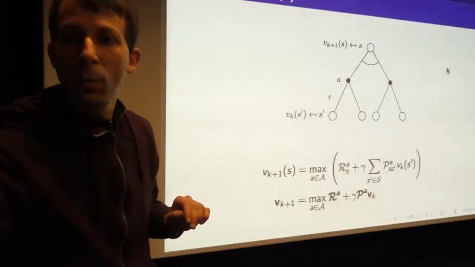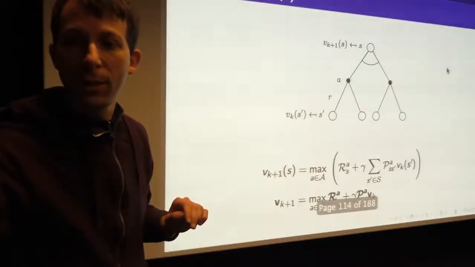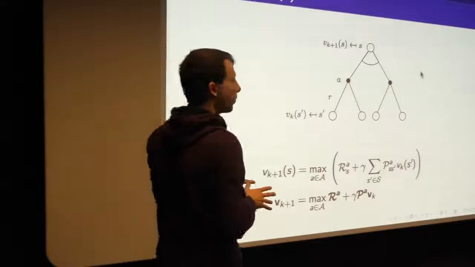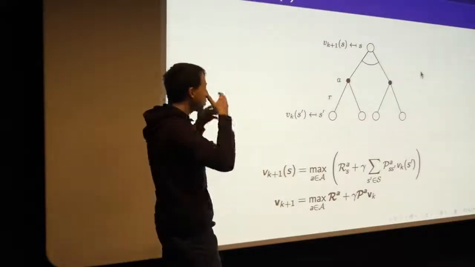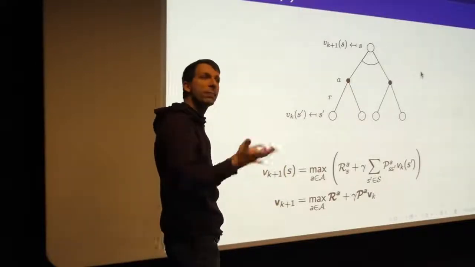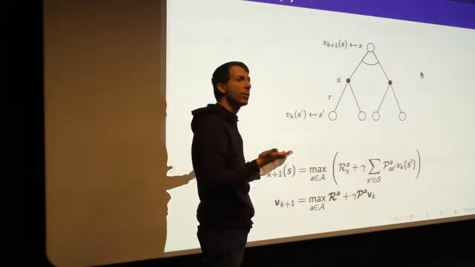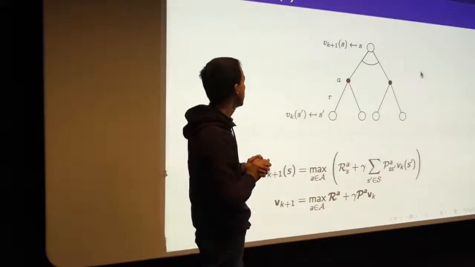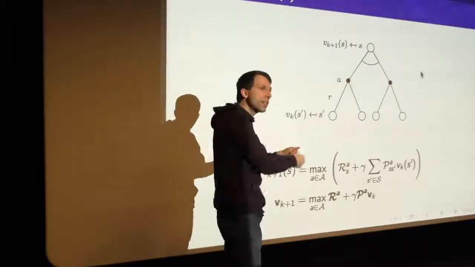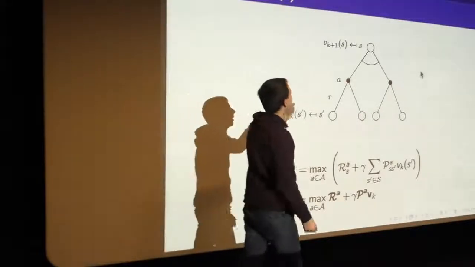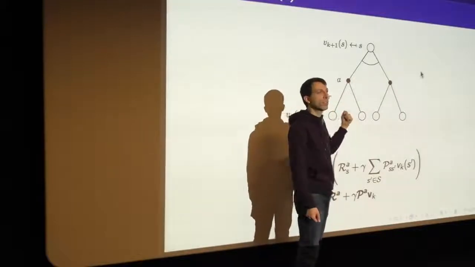One last slide on value iteration before we move on to some extensions. This is the same slide we saw earlier for the Bellman expectation equation, just to show that the same logic applies for value iteration as for iterative policy evaluation. In other words, we're doing synchronous sweeps. In every iteration, each state gets a turn to be the root of this diagram.